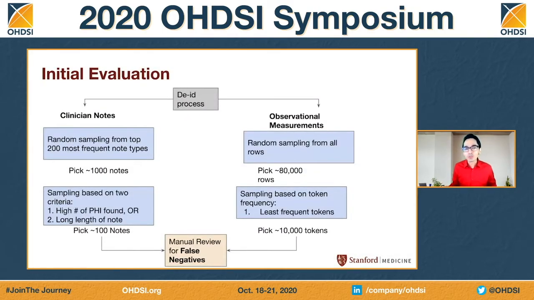Now, how do we know that we're doing a good job or not? Here we focus on an initial evaluation, where we go through a manual review process to only focus on false negatives. So this is possible leakage of information. We did this with a set of 3 engineers that went through the notes. They know these data sets.